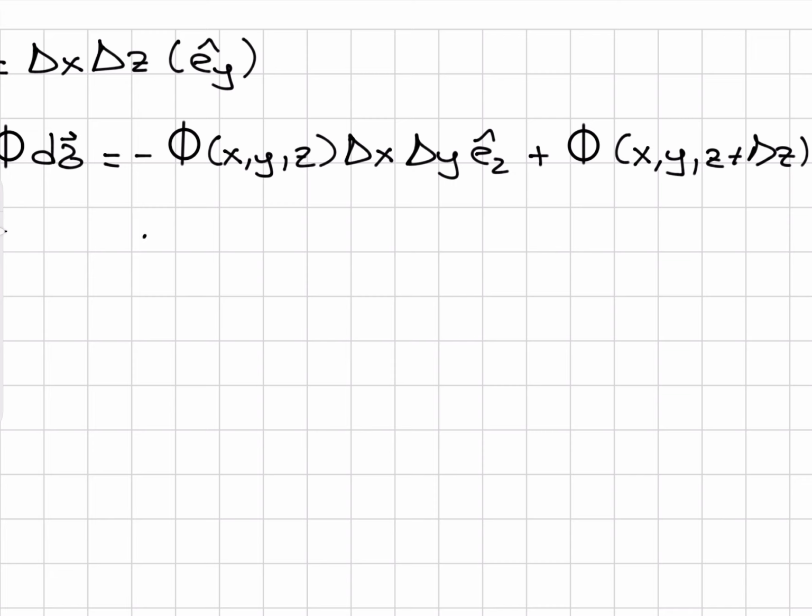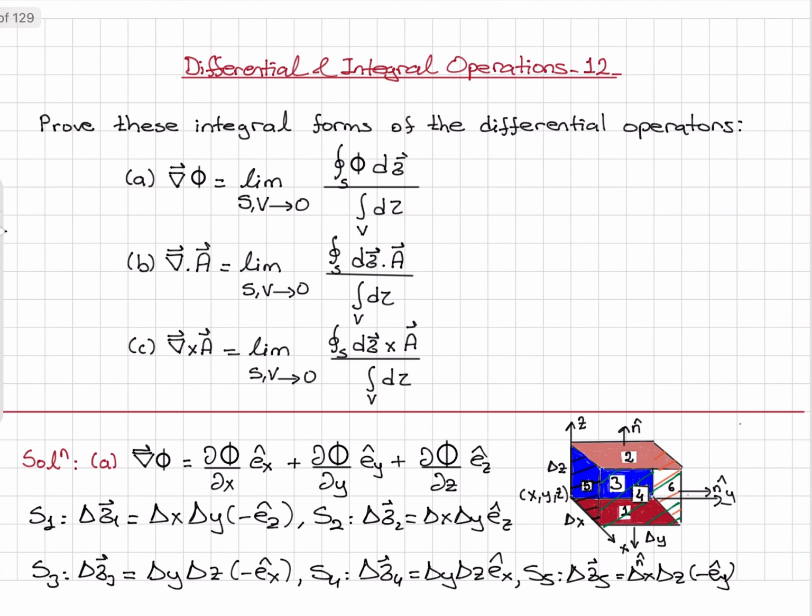Now for the third surface, I have minus phi, the scalar function phi, which will be evaluated at x, y, z, delta y, delta z in the e_x hat direction. That's surface 3. For surface 4, the front surface, I'm at x plus delta x.